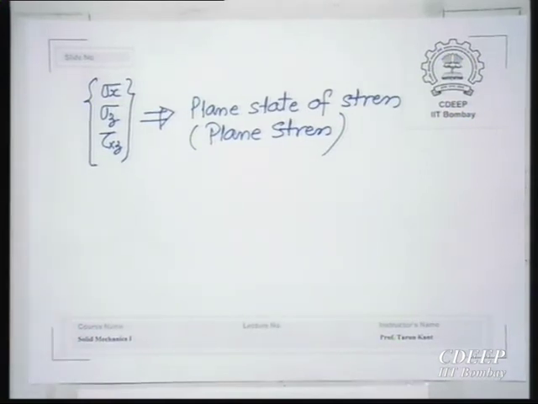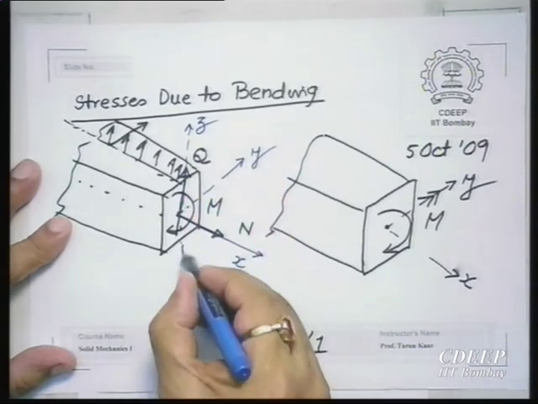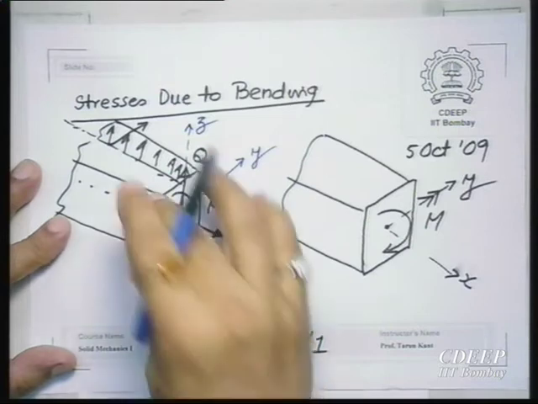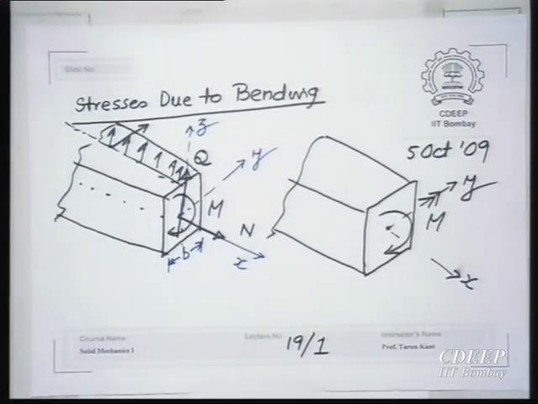So, beam, normally whenever we say the width of the beam, this is the width of the beam, this is the depth of the beam. Width of beam normally we consider narrow. In every beam you will find the width is narrow.